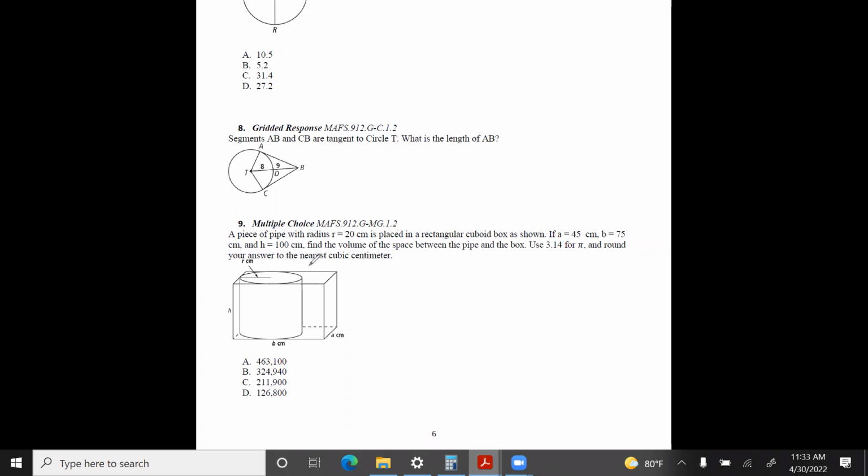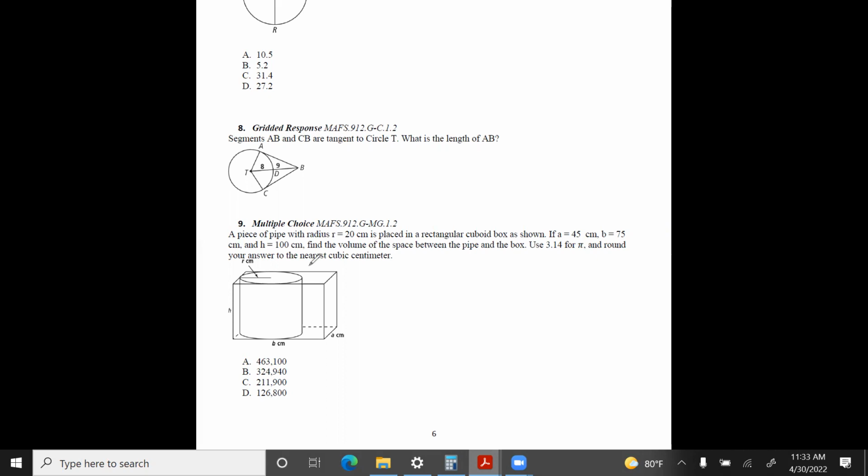If A is 45, B is 75, and H is 100, find the volume of the space between the pipe and the box. Use 3.14 for pi, round your answer to the nearest cubic centimeter.